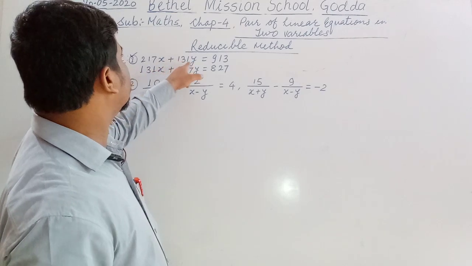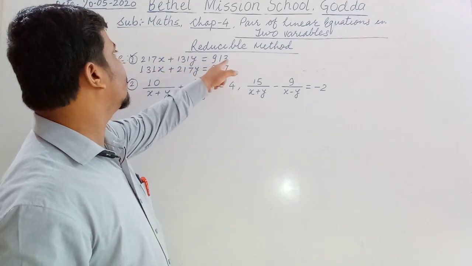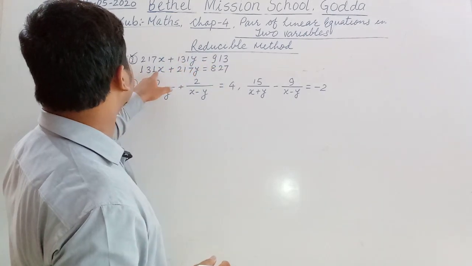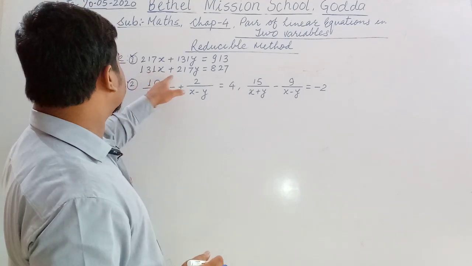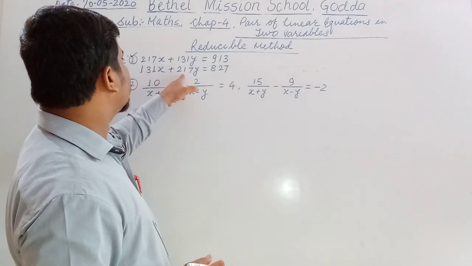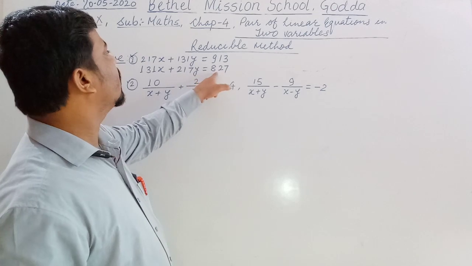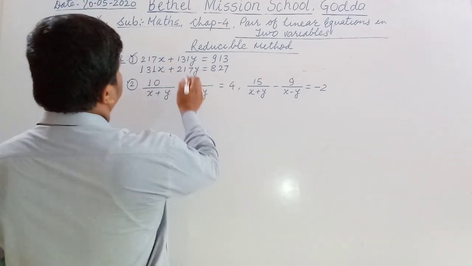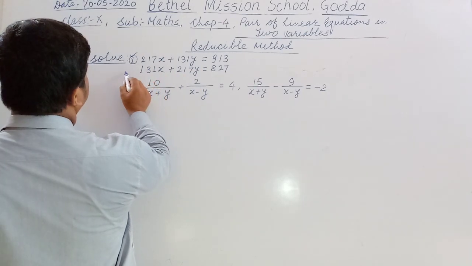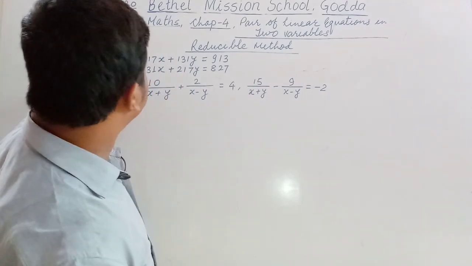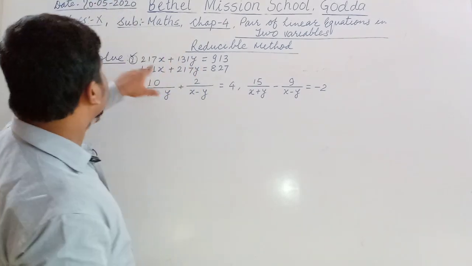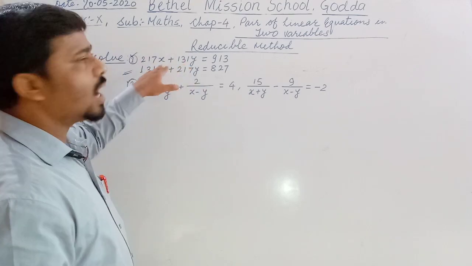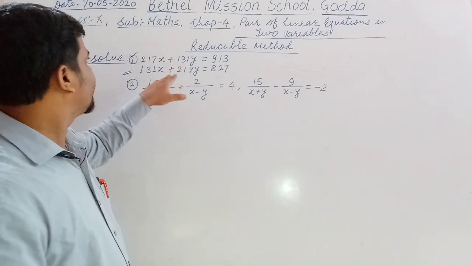217x plus 131y equal to 913 and 131x plus 217y equal to 827. You can see what is special in this question. The coefficients of x and y are interchanged.